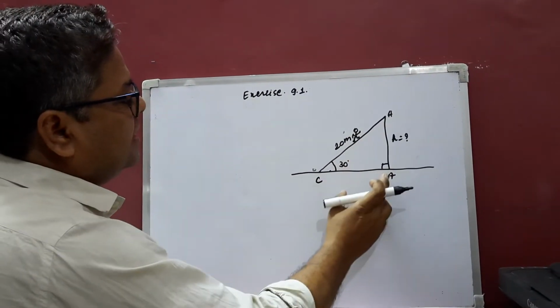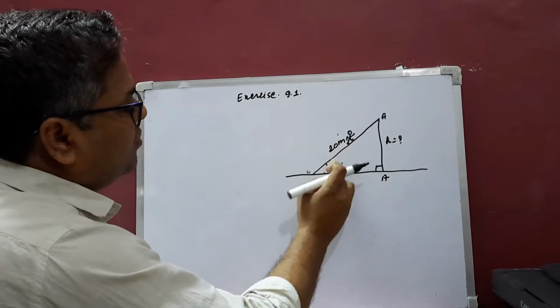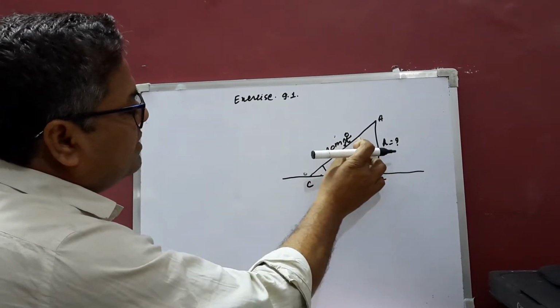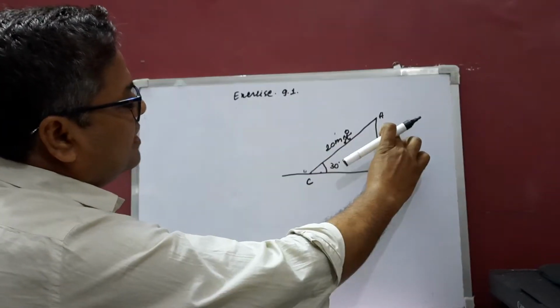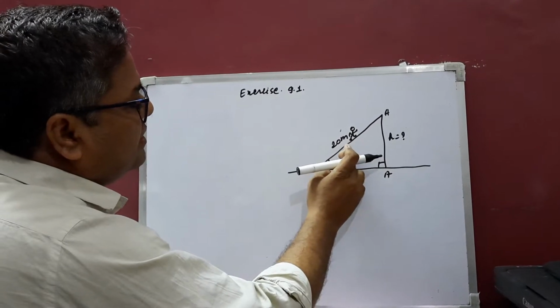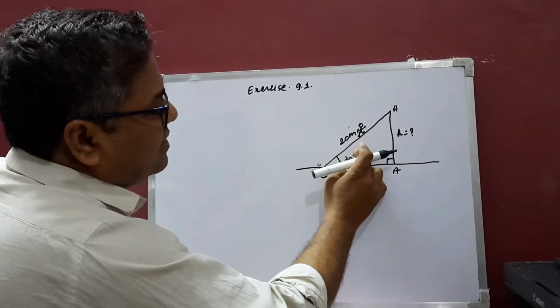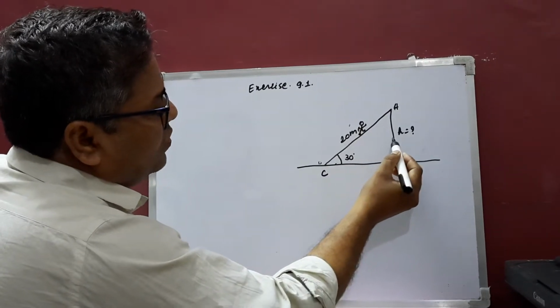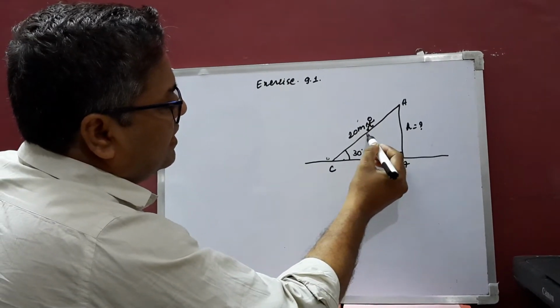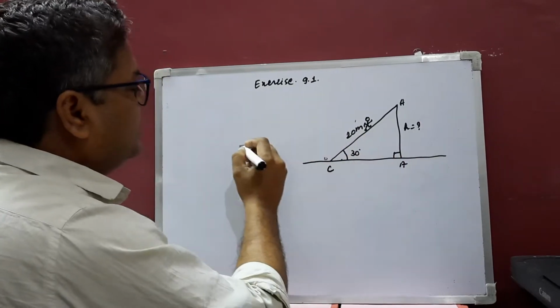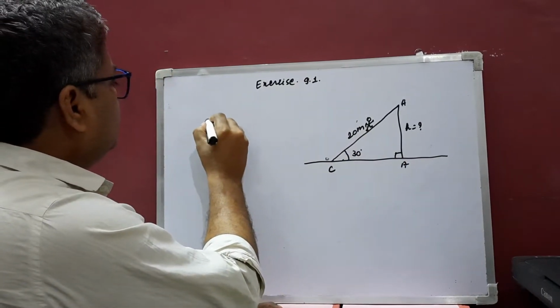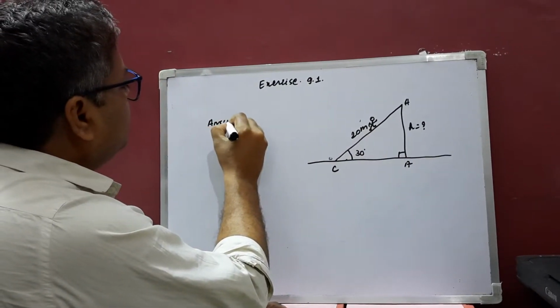So in this right angle triangle, for this angle, this is the hypotenuse, this is the base and this is the height. This is given to you and this is asked. So you will select the trigonometric ratio which relates height, or perpendicular, and hypotenuse. This is answer number 1.